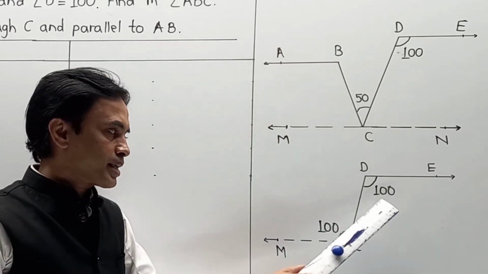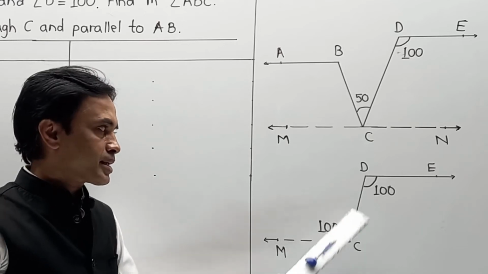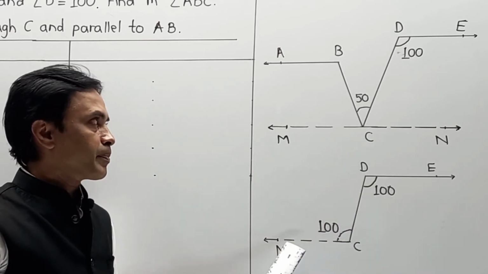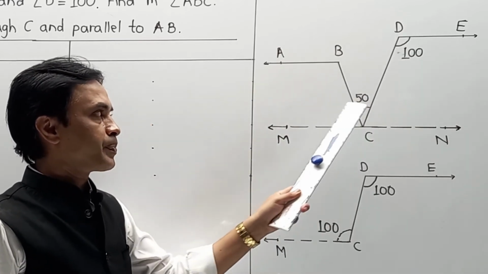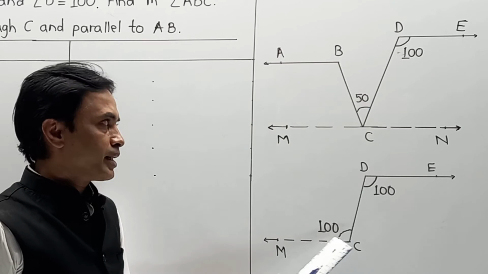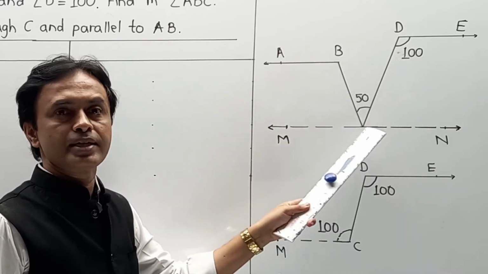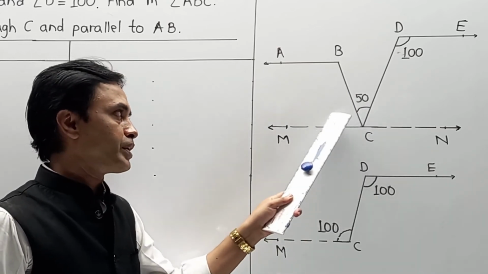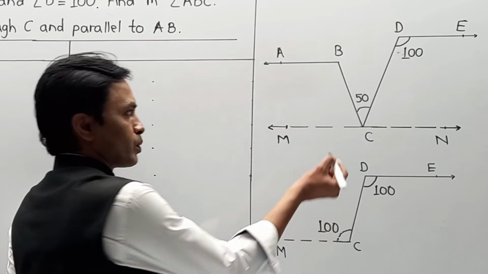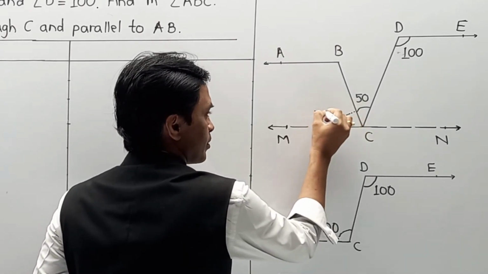As this is 100 degrees, automatically its alternate angle is also 100 degrees. Again coming to the original diagram, angle DCM is 100 degrees. Among them, this portion, meaning DCB, is 50. Naturally you can get the remaining value also as 50, because 50 plus 50 is 100. So this new value will be available for you, and this value becomes 50 degrees.